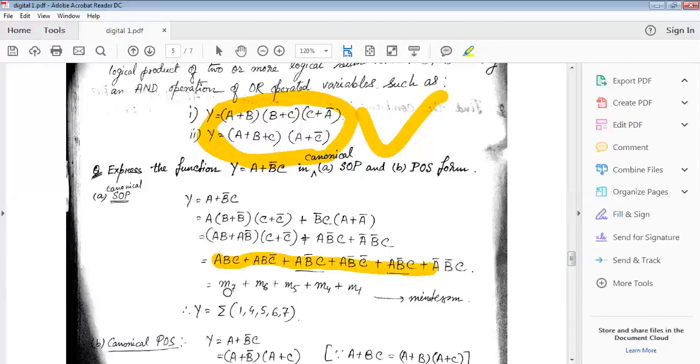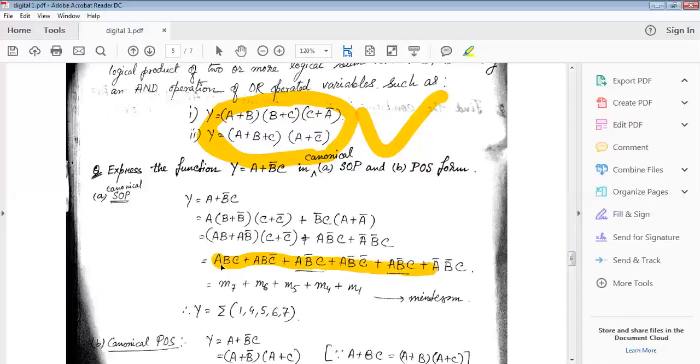And how I have written this M7, M6, M5, M4, M1: the terms by which the sum of product is expressed are called the min terms. This abc is the seventh term, that is M7. Why?